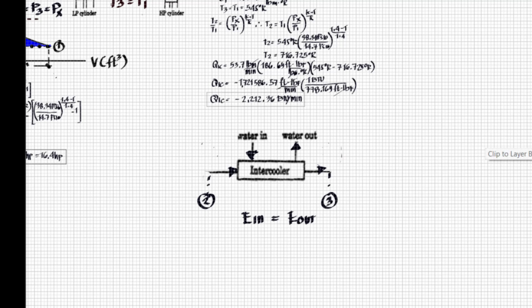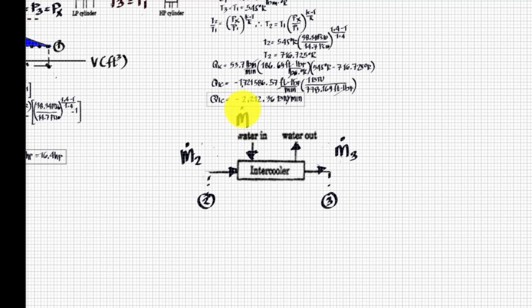We can say that our entering energy, we can write here that we have the mass flow rate of air entering. So this is M2. And we have also the mass flow rate of air leaving the system.